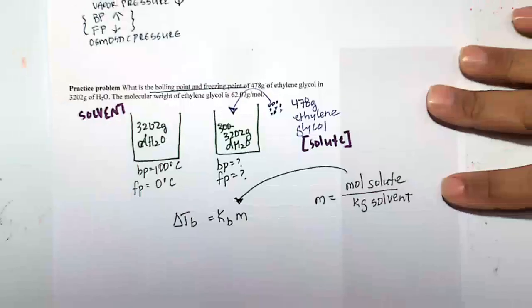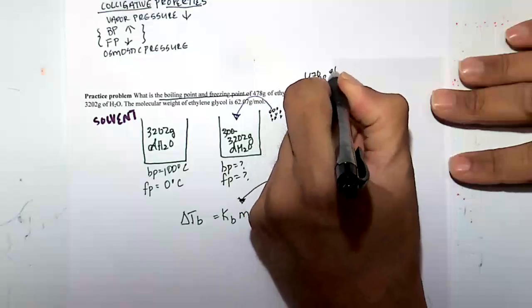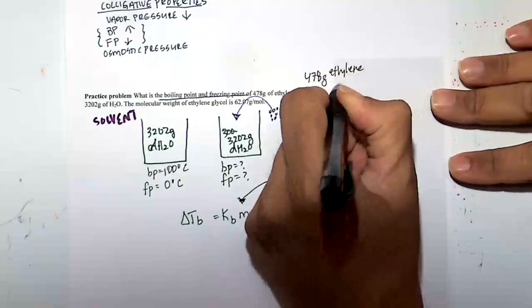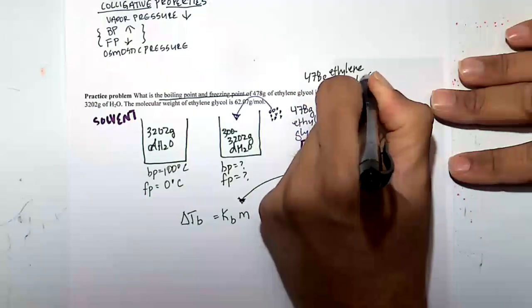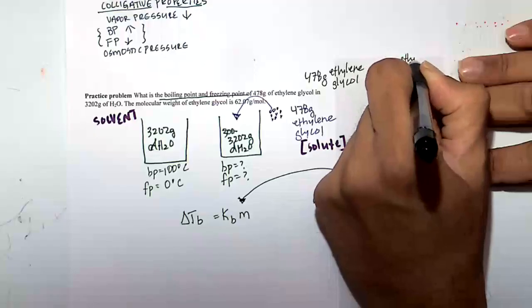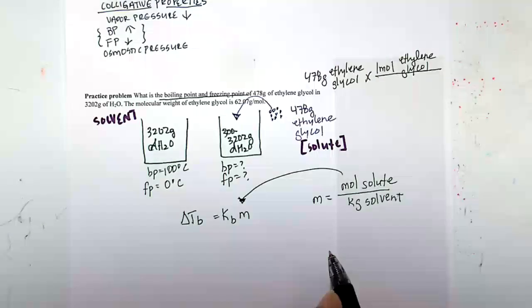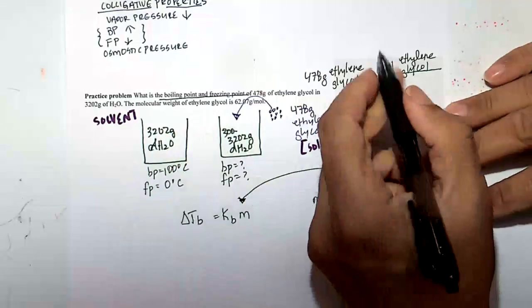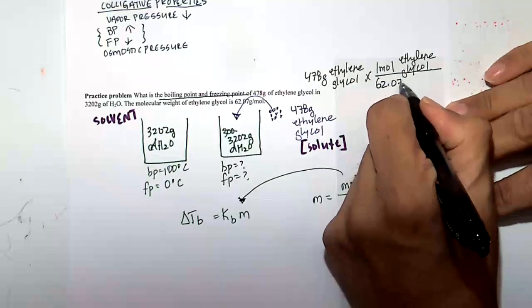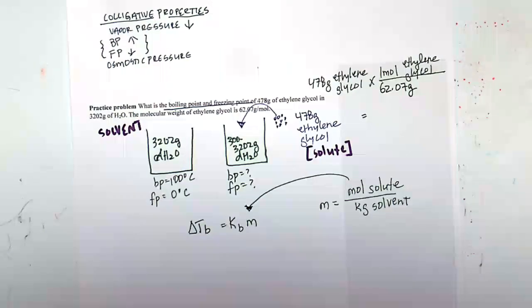1 mole of ethylene glycol goes into 62.07 grams. So 478 divided by 62.07. What is that on our calculator?